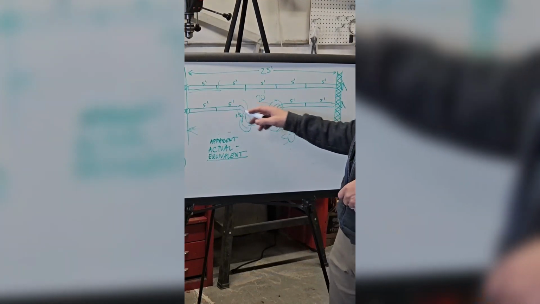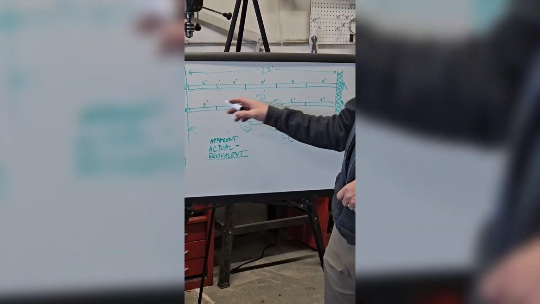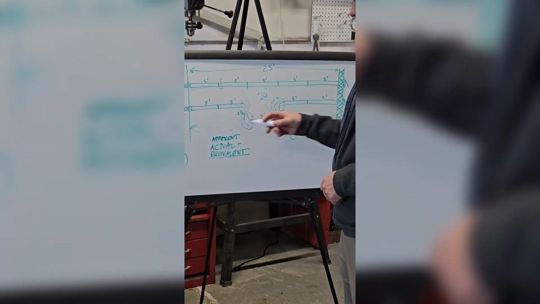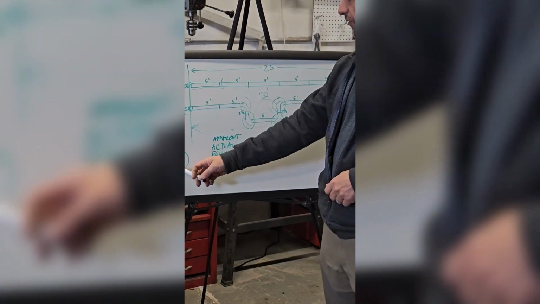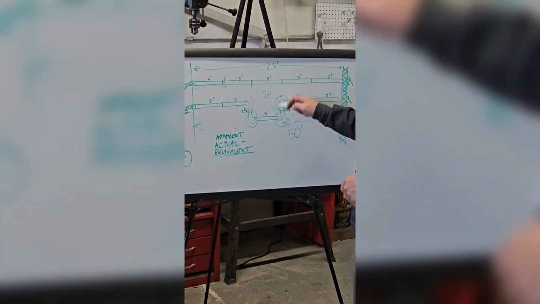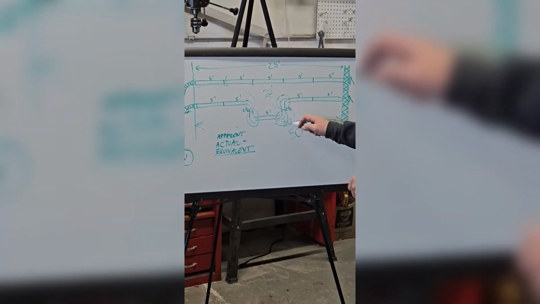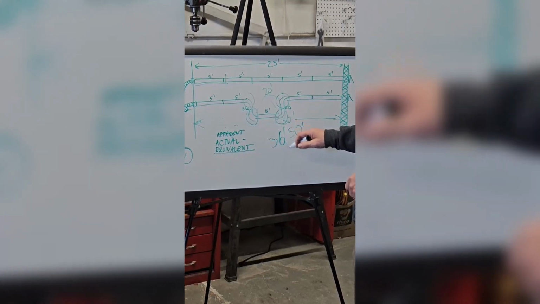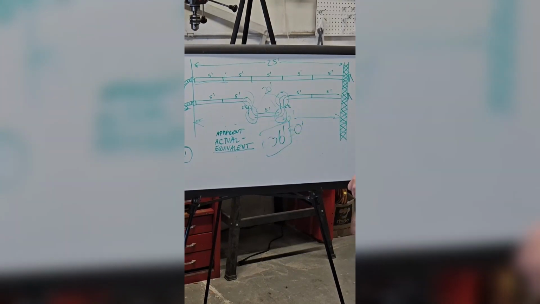The actual length of the ductwork hasn't changed at all. We've got 30 feet plus, now we calculate: 1.5, so that means 3 and 3 is 6. So we've got 30 plus 6, so now we've got 36 feet of equivalent length.